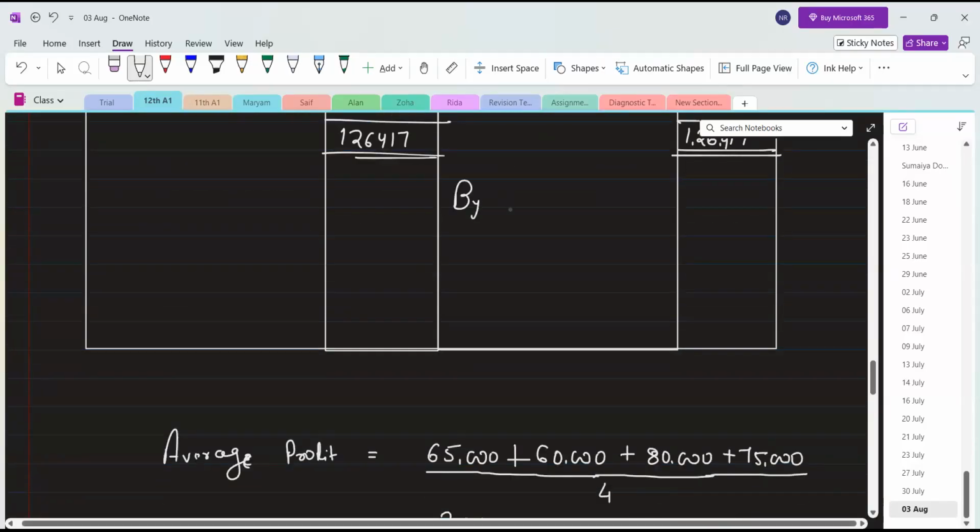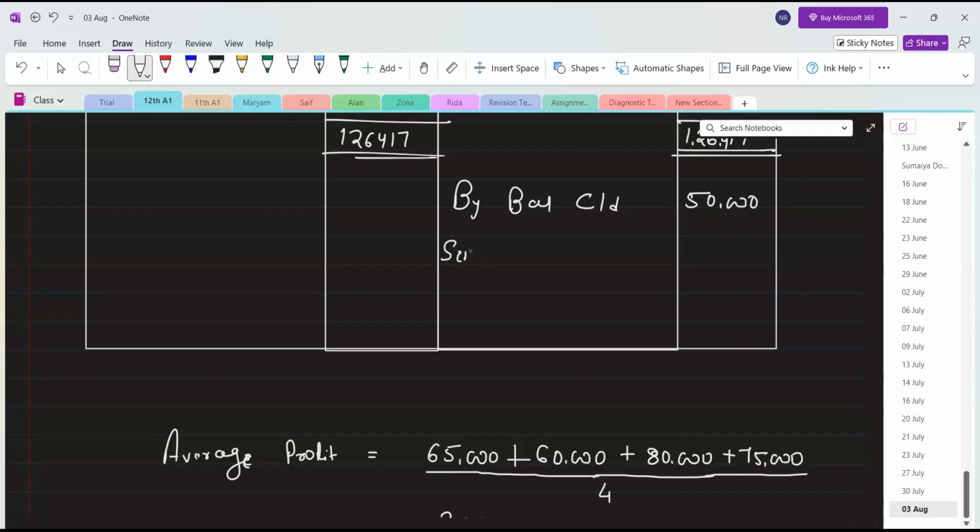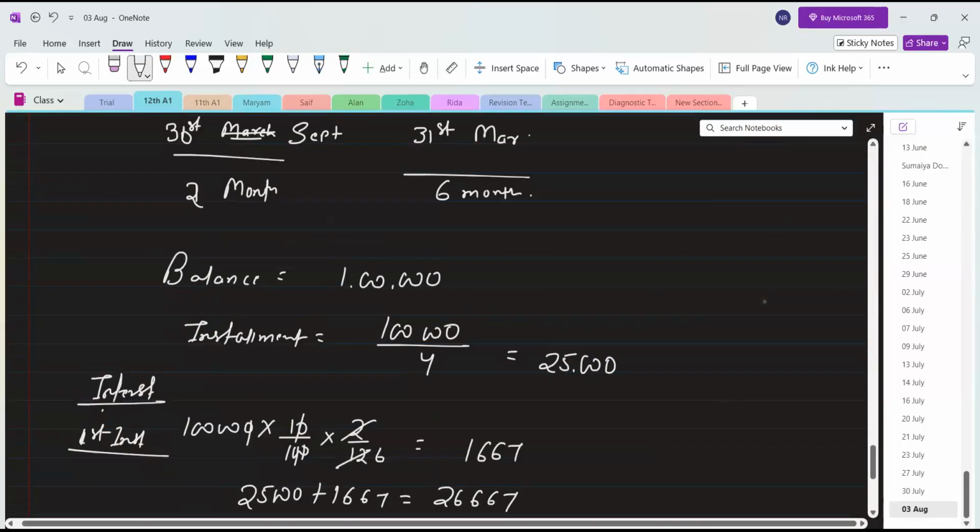Again, by balance CD 50,000, we will charge 2 times interest, one on September 30th, second on March 31st. By interest, first time it will be 2,500, second time it is 1,250. I have written and calculated it here.